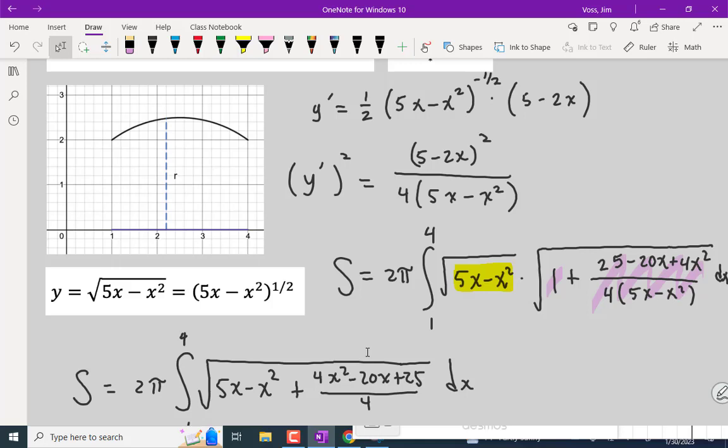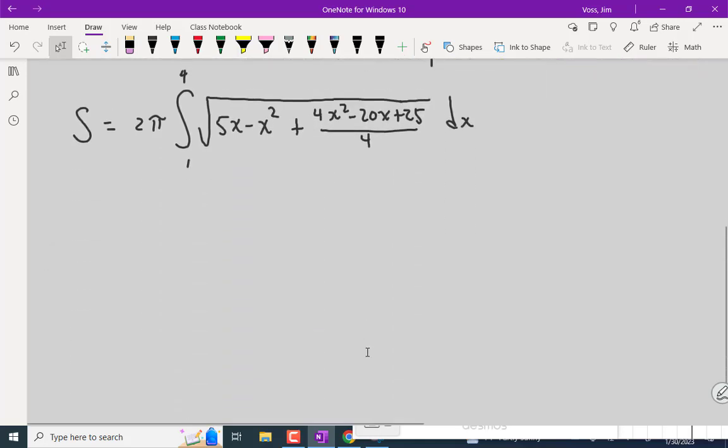Yep, that's 100%. So here we've got to somehow combine everything on the inside. Here's going to be my strategy. I'm going to take this part and multiply it by 4 over 4 so that we can clear. Oh, you know what we could also do, actually that looks even simpler now that I'm staring at it for more than a minute, is you could distribute this in really easily, and then it's going to look a lot like what you just described.